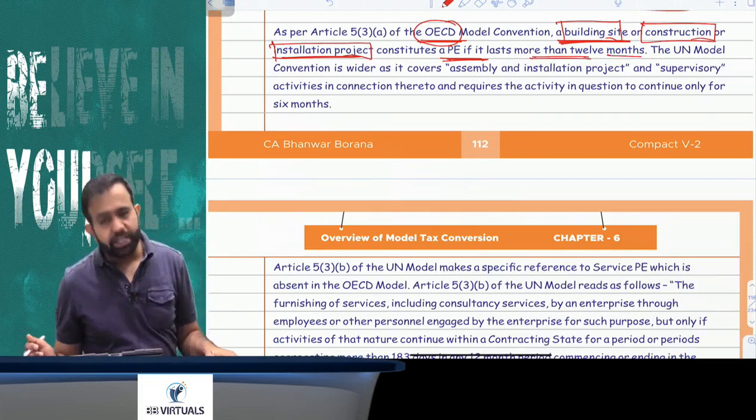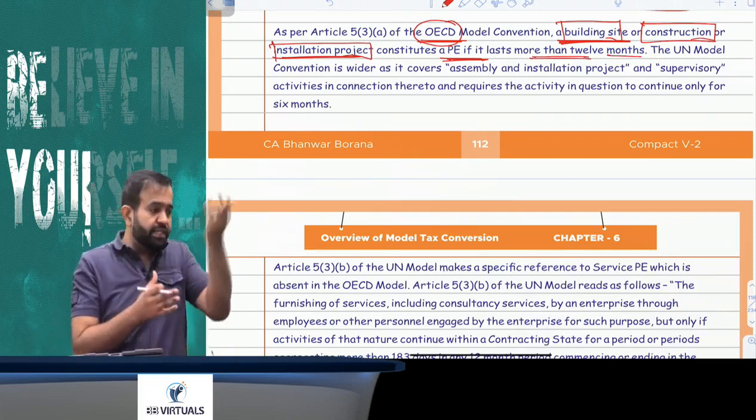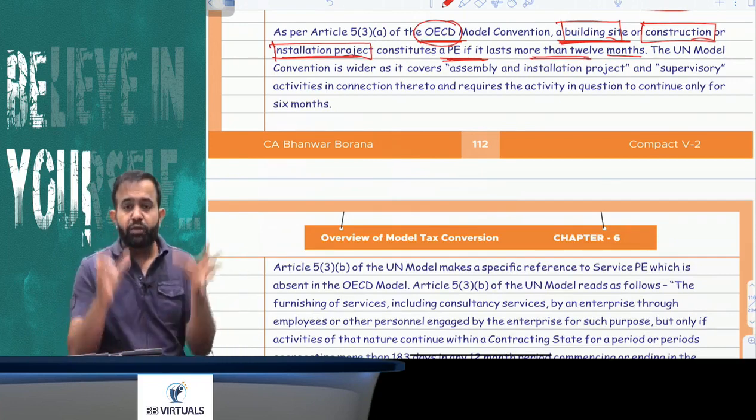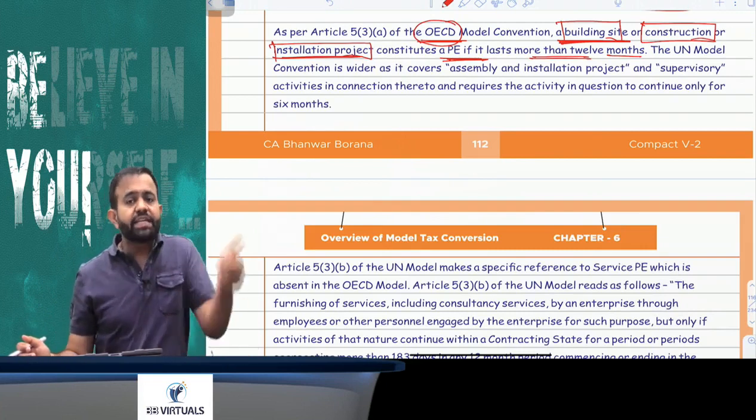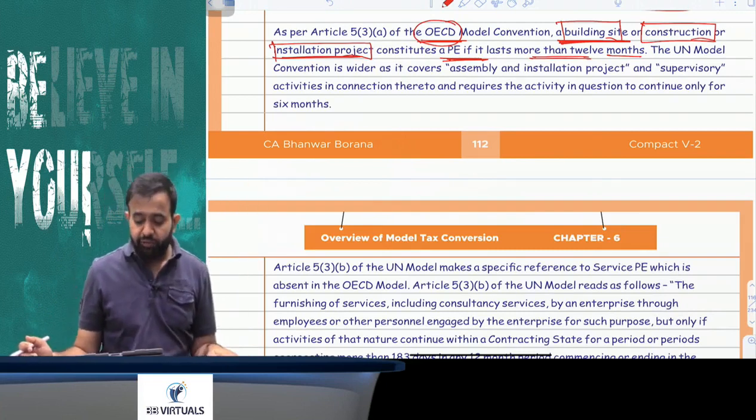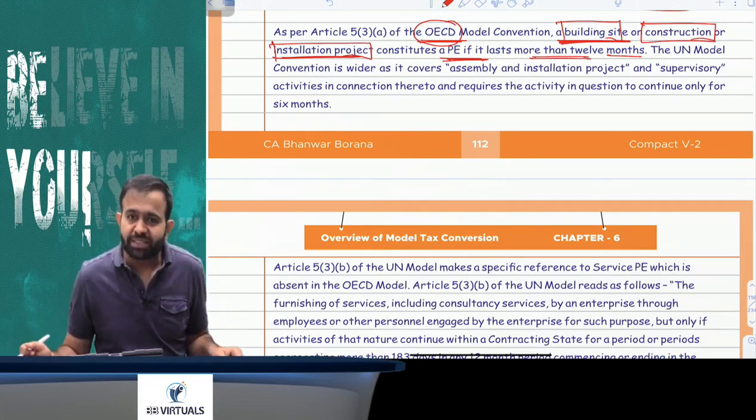Suppose any foreign company comes to India and builds a building site, construction site or installation project, that will also be treated as a permanent establishment if it is for more than 12 months.